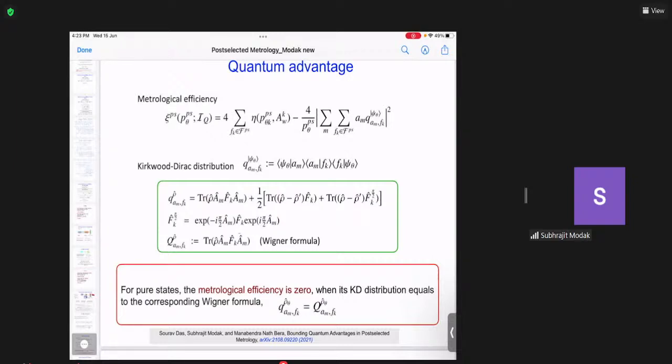Whatever I have written previously, that quasi-probability distribution can be composed of two terms, right? One is real and one is imaginary. Everything is just sophisticated play with these parameters. So you can define this kind of term from this expression, and you can write the whole expression through this term, right? As you can see, the first term in the green box on the left-hand side is the quasi-probability distribution. The first part at the very right-hand side is the Wigner formula, which is purely real.